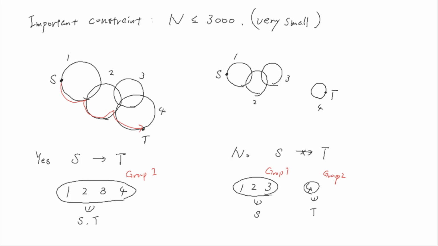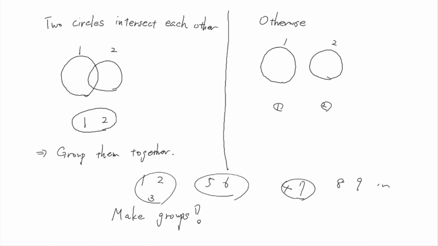So these groups are different, so you can't move from S to T. Let's summarize this idea.